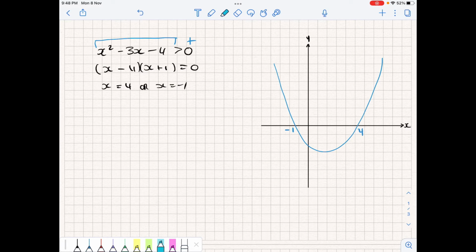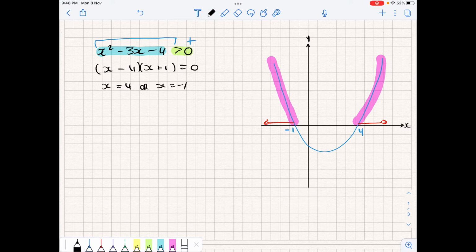Now going back to the inequality, we're looking at all the values of x where the function is greater than 0, right? And anything greater than 0 means it's positive. And we can visually see that the positive solutions are over here and over here. And now let's consider the x coordinates where that happens. Well, we can see that that happens when x is greater than 4 or less than negative 1.